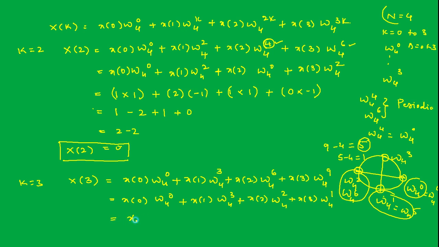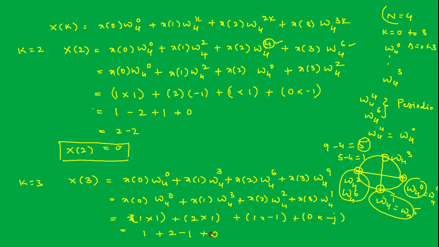So x of 3 is how much? 1 into W4 to the 0 is 1, plus x of 1 is 2, W4 to the 3 is, again, it is j, plus x of 2 is 1, W4 to the 2 is minus 1, plus x of 3 is 0, and here it is minus 3. So what we will get? 1 plus 2j minus 1 plus 0.